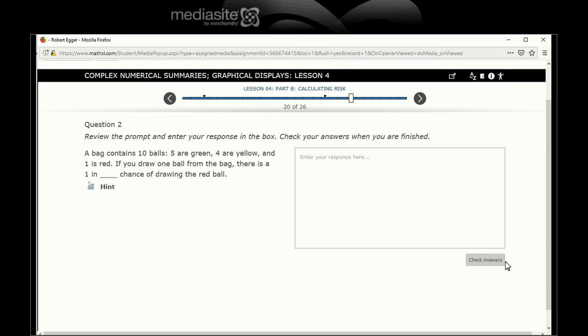So a bag contains 10 balls, 5 are green. Same as before. So if you draw a single ball from the bag, how many chances of drawing the red ball? Probability of drawing a red ball is 1 chance in 10.